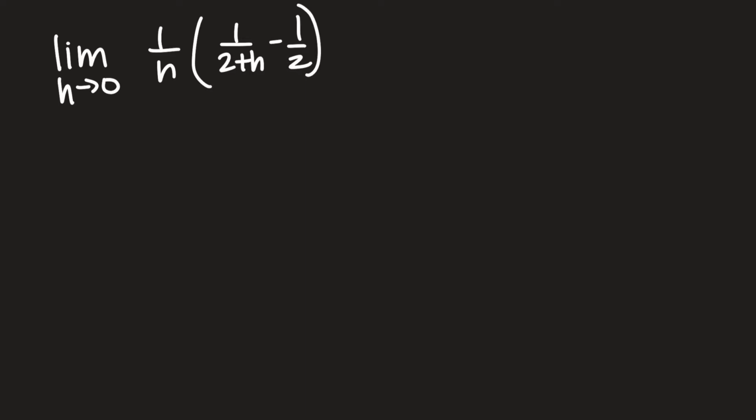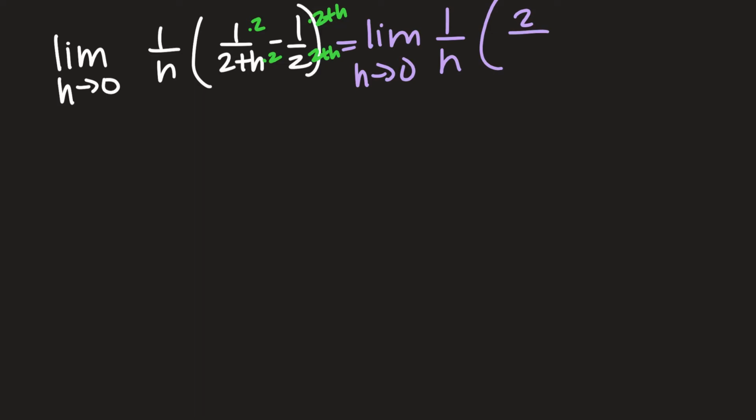Okay, so we have the limit as h approaches 0 of 1 over h. So I'm going to make what's inside the parentheses one thing. So that means this one needs a 2 and this one needs a 2 plus h. Right? So we have then 2 over 2 times 2 plus h minus 2 plus h over 2 times 2 plus h.